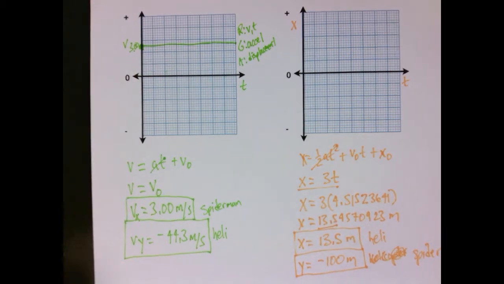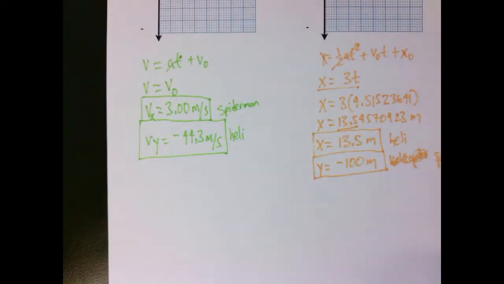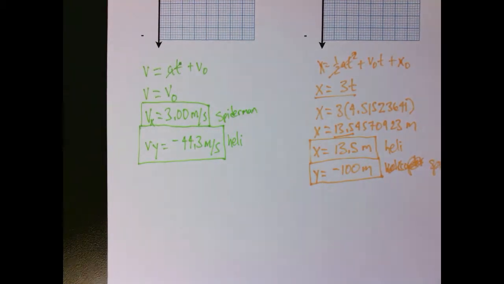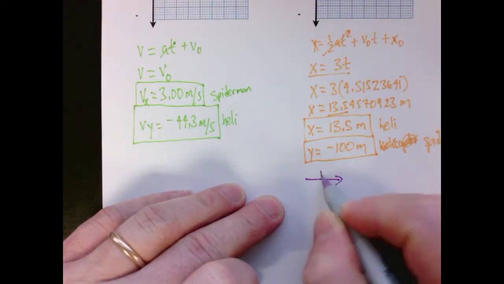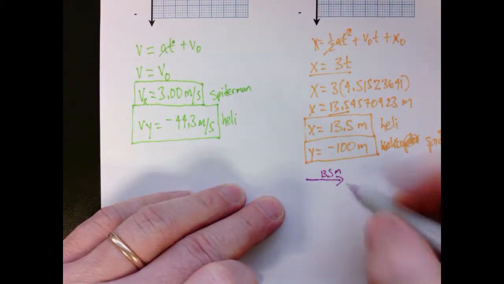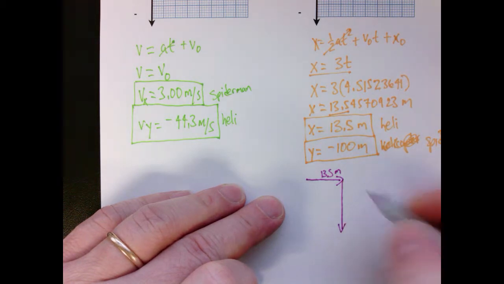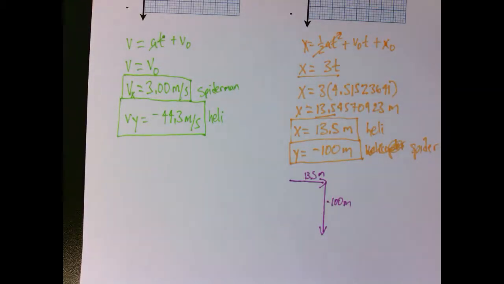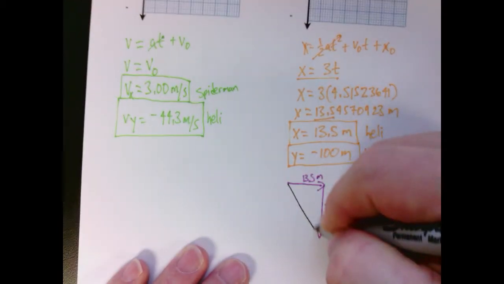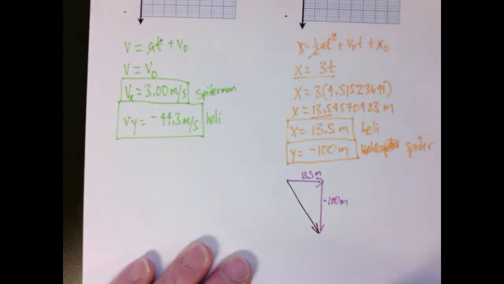We could then see that we would say that in the x direction it was 13.5 meters, and in the vertical direction it was minus 100 meters. But we say that the actual displacement or change in position is this.